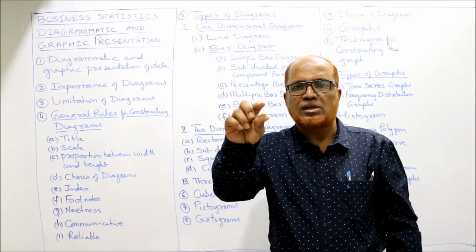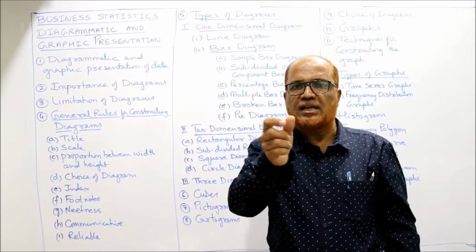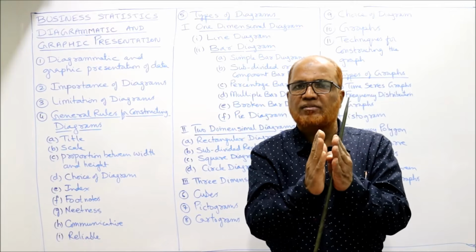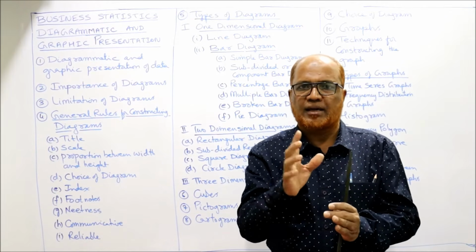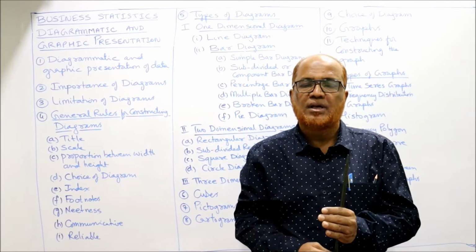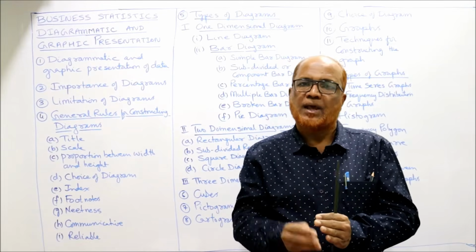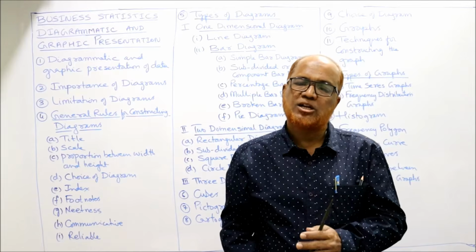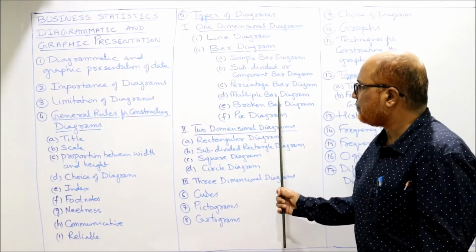For the year 2010, sales, gross profit, net profit, all side by side, we will make bars. It's called multiple bar diagram. Similarly, for 2011, again the 3 variables are drawn side by side.